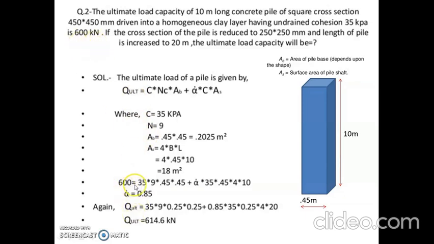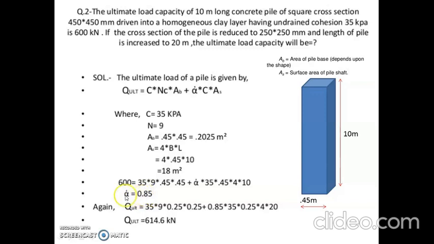So 600 equal to C, that is 35, into N_C is taken as 9 for clay, into A_B is area at the base, which is 0.45 into 0.45, plus alpha is unknown, which has to be found out, into C is again 35, into A_S is surface area of pile shaft, which is already calculated, that is 18, and here it is written as 4 into 0.45 into 10, which gives us the value as 18 itself, and after we calculate we get alpha as 0.85.